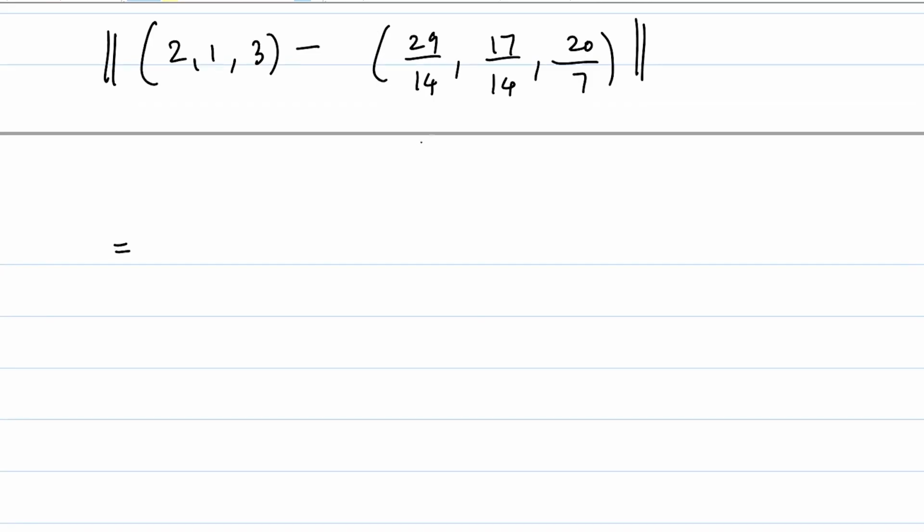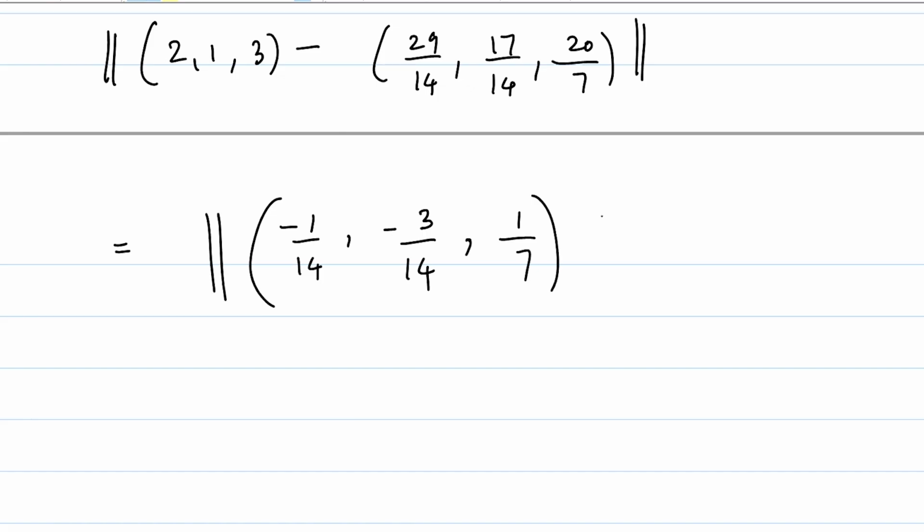This is going to be equal to minus 1 by 14, 14 minus 7 is, 14 minus 17 is minus 3 by 14, and 7 3s are 21, 1 by 7.